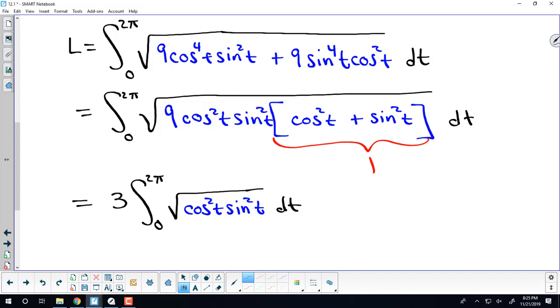So if we say that's equivalent to the integral from 0 to 2 pi of just cosine times sine, that's not correct.